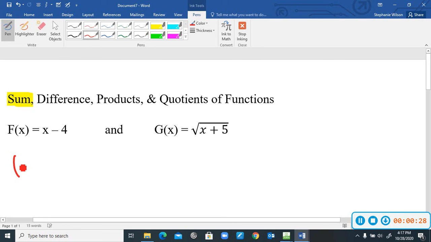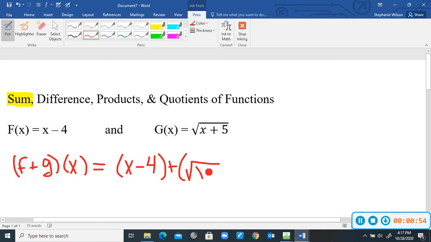Let's take the sum of F plus G. So you may see the notation of F plus G, and it's of X. They're not giving you an X value, right? So what I'm going to do is take my F function and add it to my G function.